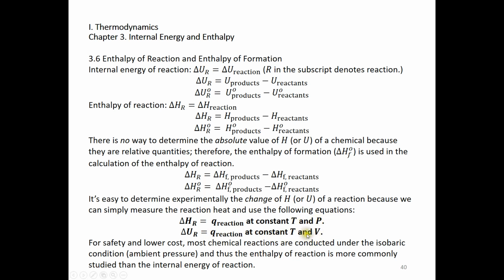So we'll have to pay attention to the experimental conditions. Constant T, P: Q is delta H. Constant T, V: Q is delta U. For safety and lower cost, most chemical reactions are conducted under the isobaric condition. That's why we often deal with the enthalpy of reaction instead of the internal energy of the reaction.